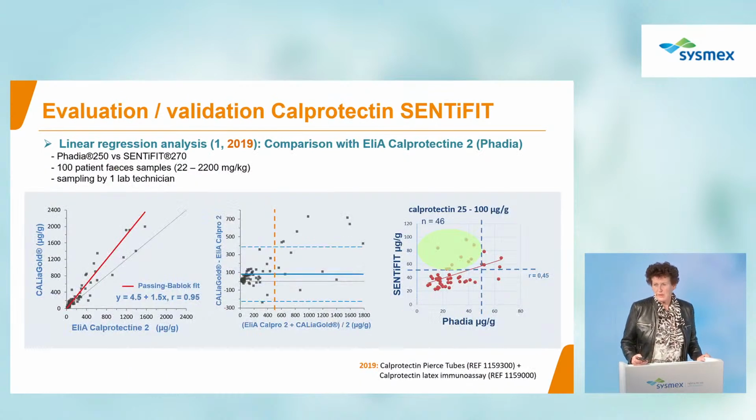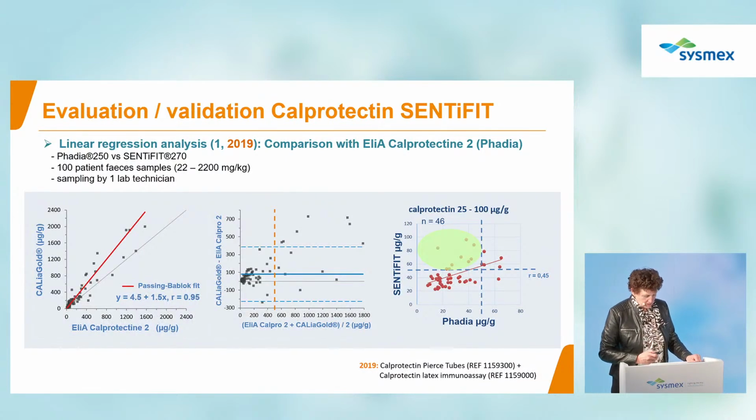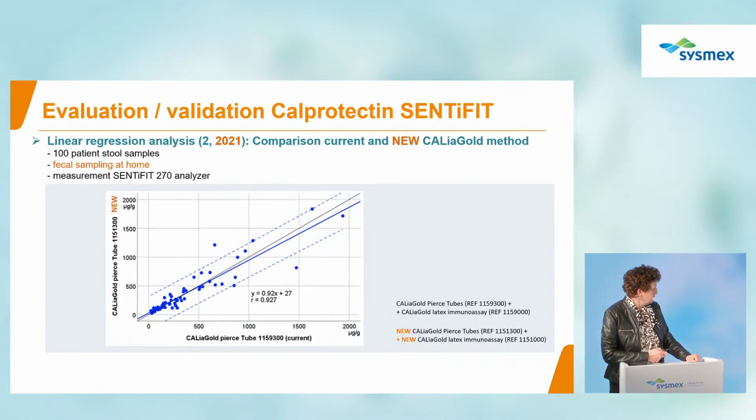Then we have some comparison studies performed. Firstly, we did a regression study with the FADIA system, because that was the system we used before the introduction of the SENTiFIT analyzer. You see the results on the left side of the screen.